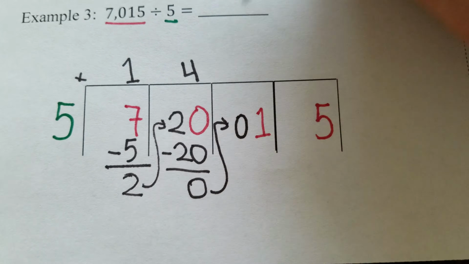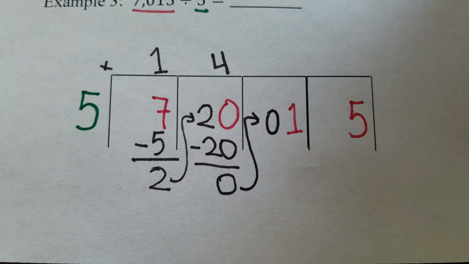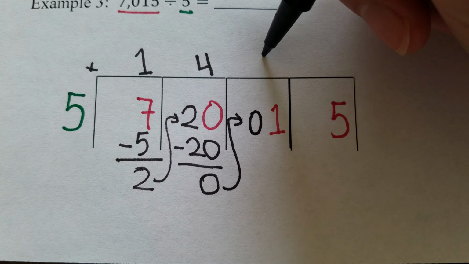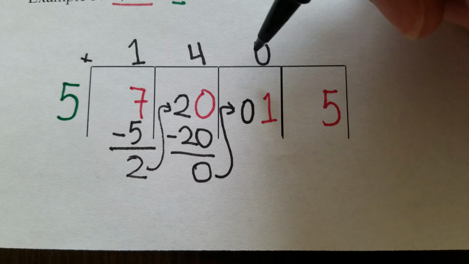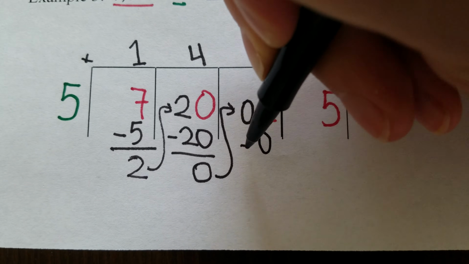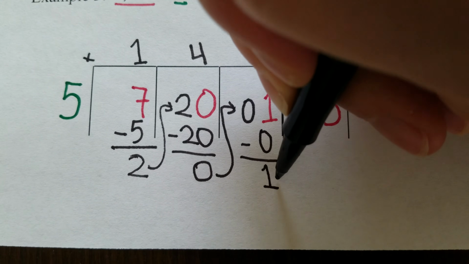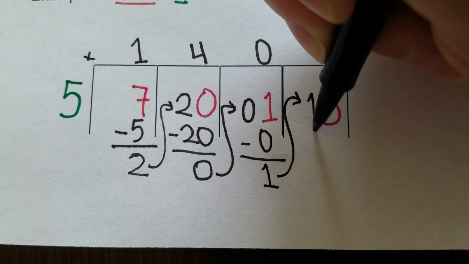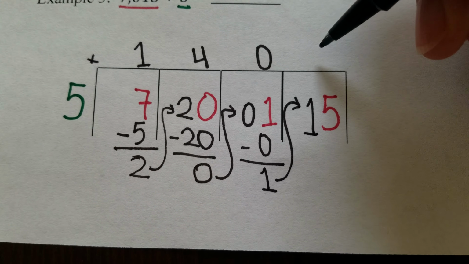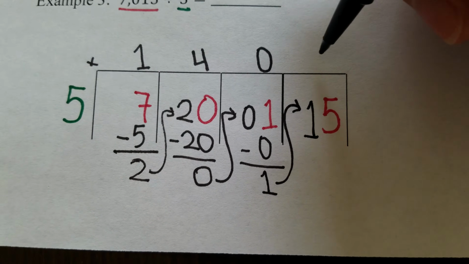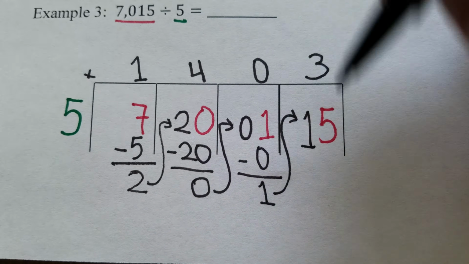And so now we have 1. 5 times what is 1? Well, the closest we could get is with 0, because if you do times 1, it's too big. So we get 0 times 5 is 0. Subtract, you get a 1. And then we put the 1 up here. And then last but not least, what number times 5 is 15? Well, that's 3.